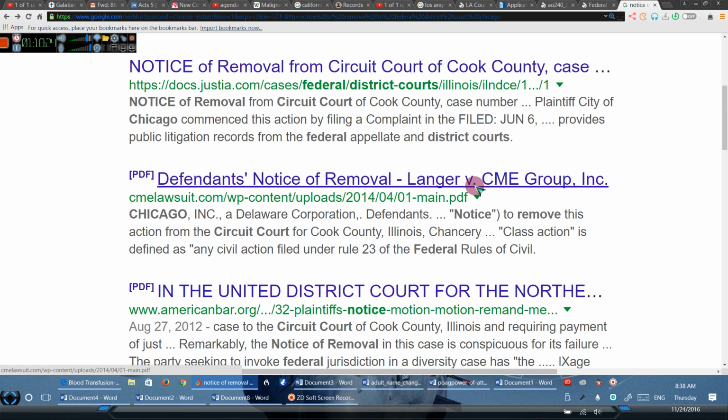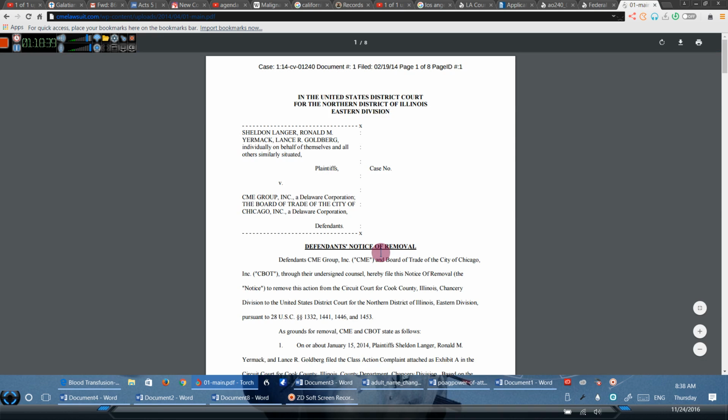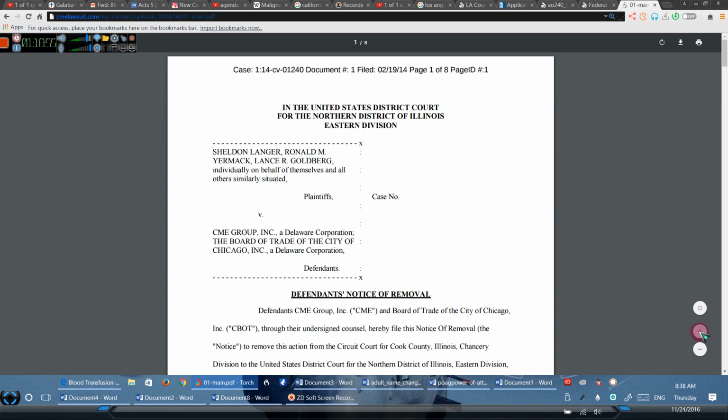So let's go here, because I think this might be a... Yeah, see, that's the city of Chicago, and that's probably the eBay case. Okay, but I want to do this one. Citigroup Delaware Corporation, the Board of Trade for the City of Chicago Inc. And this is on behalf of themselves and all of the similar. This is the plaintiffs. So this is what I'm looking for, ladies and gentlemen.